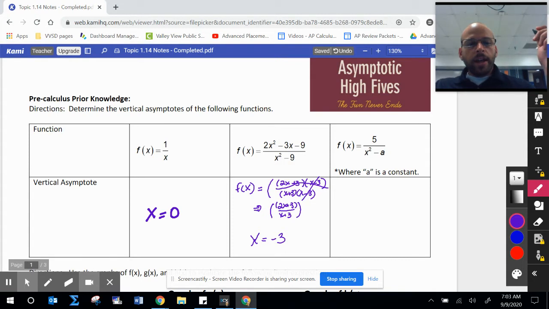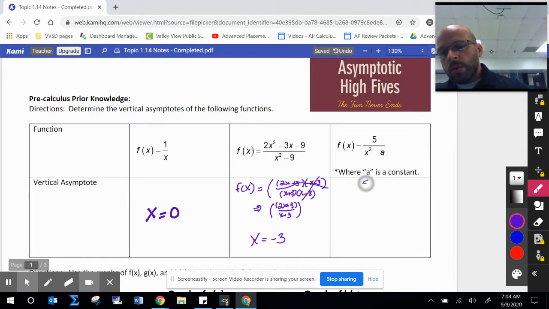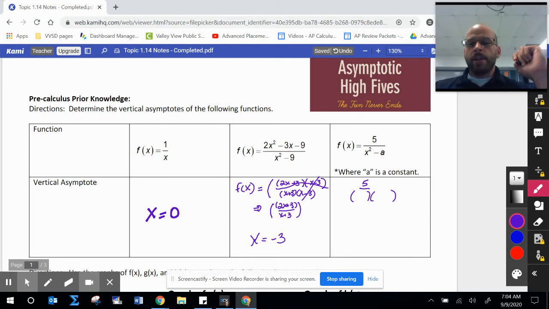All right. Now, I have a third function here. A lot of times, sometimes College Board will give you kind of abstract values, in this case, a, right? So what I want to do is figure out what values of a are going to be a vertical asymptote, right? So we have to kind of factor this. And you have to be very careful because a lot of people think that the denominator here is going to be an x plus a, x minus a, but it's not, because it's not a squared.